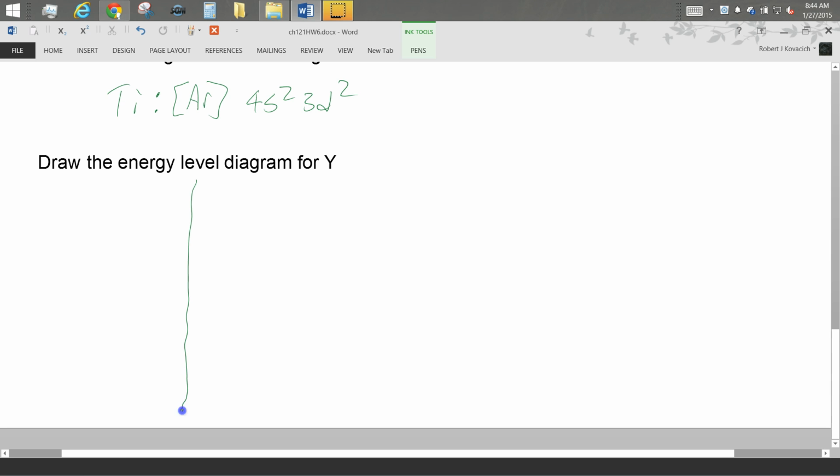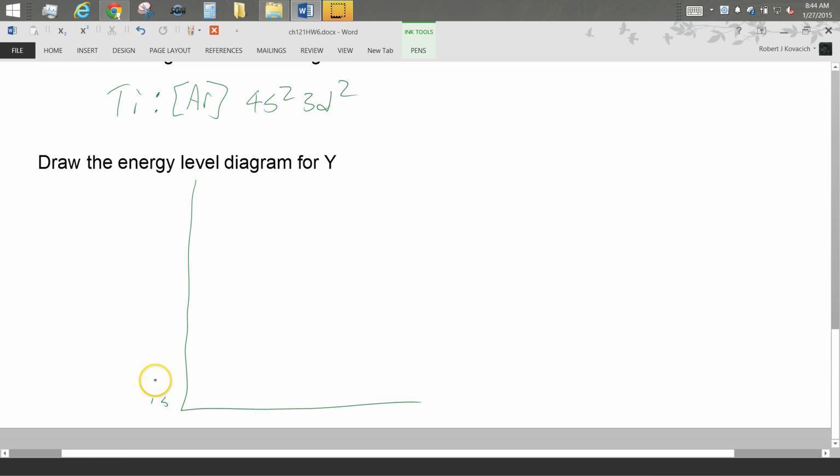Energy level diagram for, somebody got a name for Y? I'm gonna try to pronounce that one. Yttrium, yeah. Super common element, right? It's so common, I'm looking for it. Oh, there it is right there, okay. Would it be 4s2 or does the d go before the s? The 4s comes before the d.